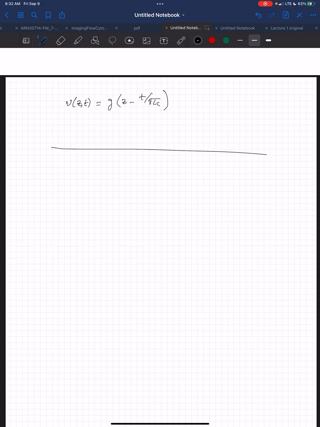So if this is my transmission line and it obeys this equation, and this is my positive z direction, this would mean that if I had some kind of waveform, I'm drawing another waveform here, this is at t equal to 0.